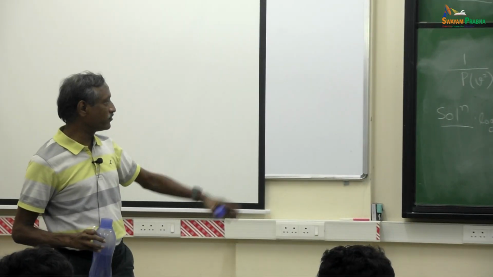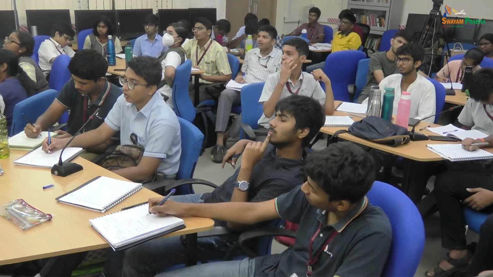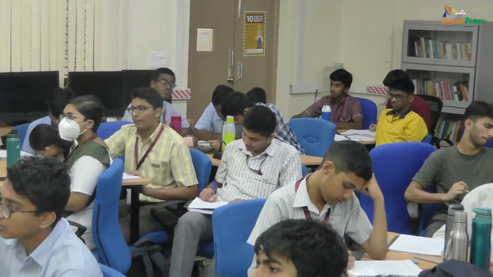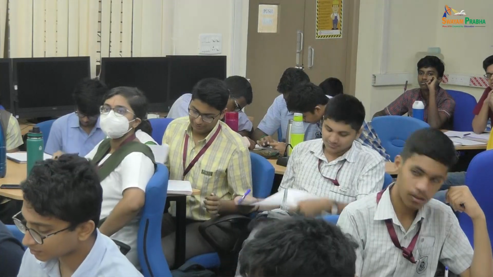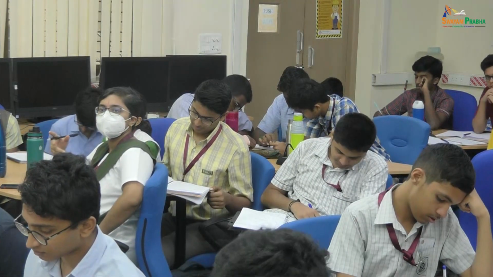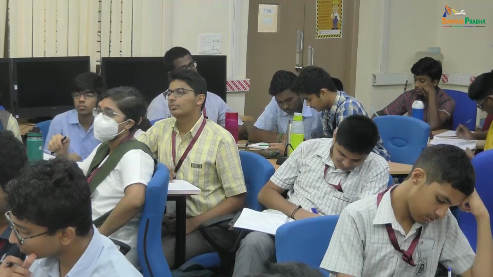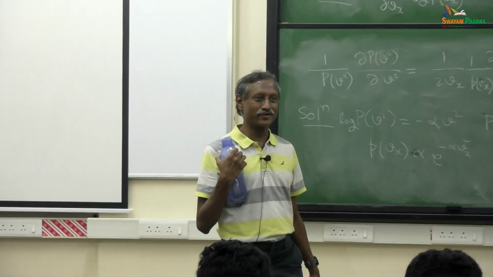So let's look at P of Vx. Have we seen this distribution anywhere? It says Vx, Vy, Vz are normal. What is the mean? No. If there was a non-zero mean, that means there's a preferred direction. So only answer is 0.